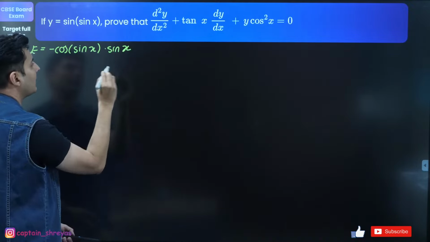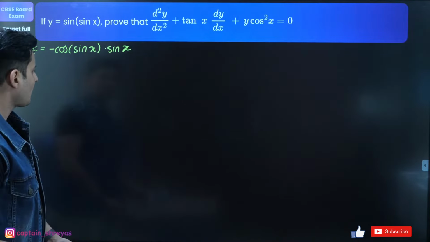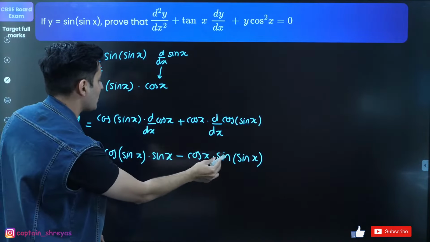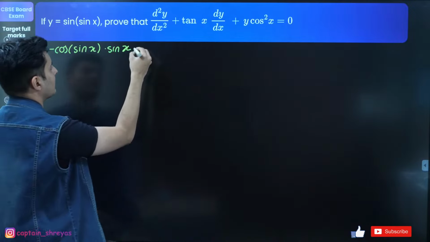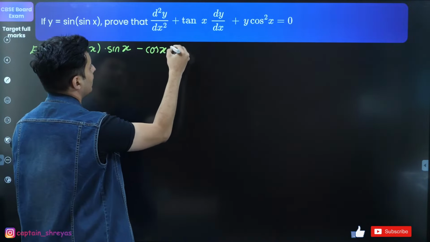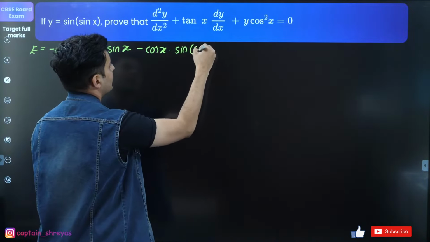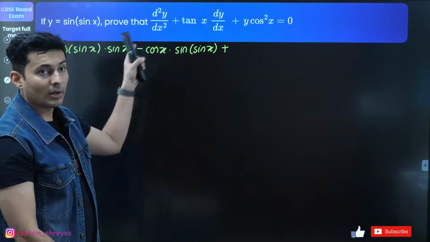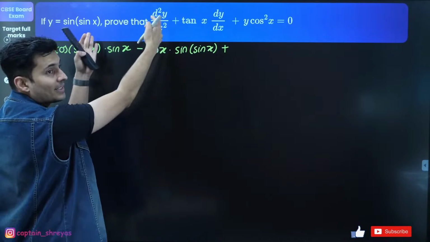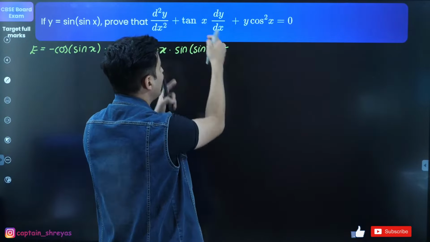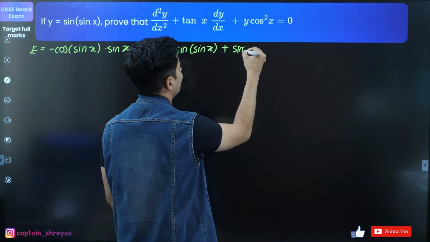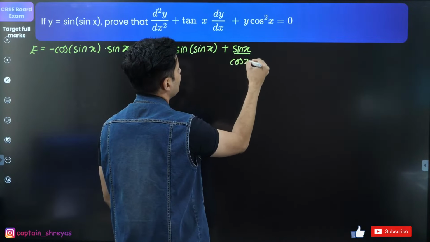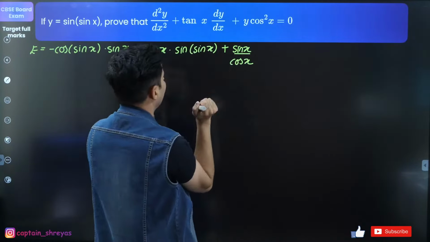Let's be a little bit careful while writing this. Okay. Minus cos x into sine of x. Okay, plus tan of x. Okay, this was just the second derivative, guys. Plus tan x. I can write that tan x as sine x by cos x. This is my entire expression. I am writing it here.